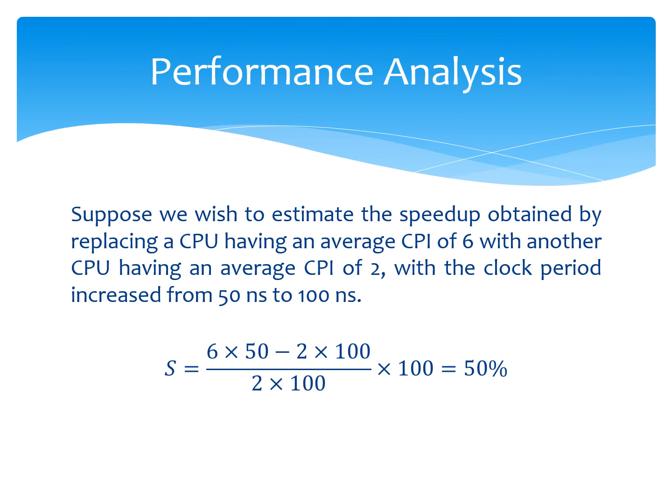Therefore, the execution time without the improvement is 6 times 50, and the execution time with the improvement is 2 times 100. After plugging into the equation, we can obtain that the speedup S is 50%.